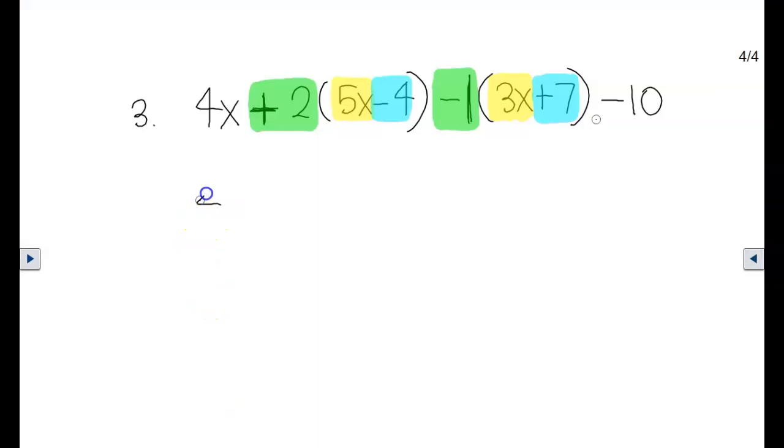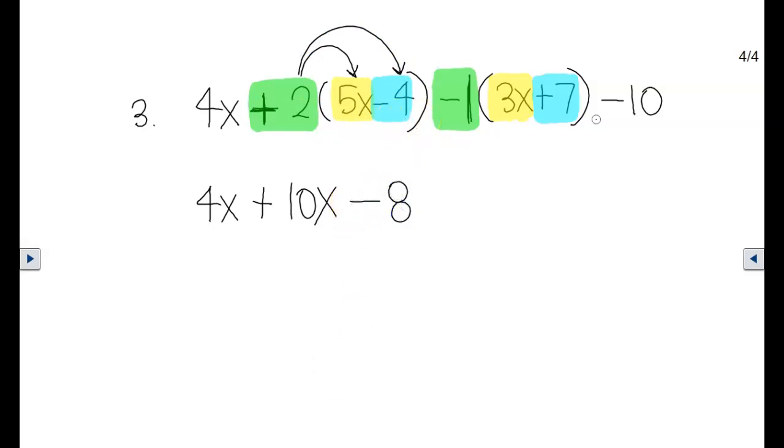So let's bring this 4x down. We're going to do +2 times 5x. 2 times 5 is 10, so this is going to be +10x. Don't forget to bring down that variable. Then we're going to do +2 times -4. +2 times -4 is -8.